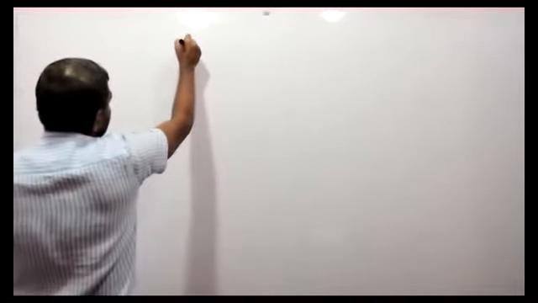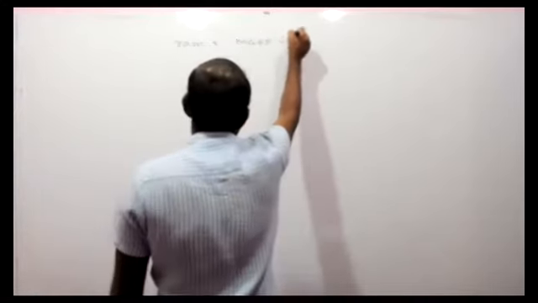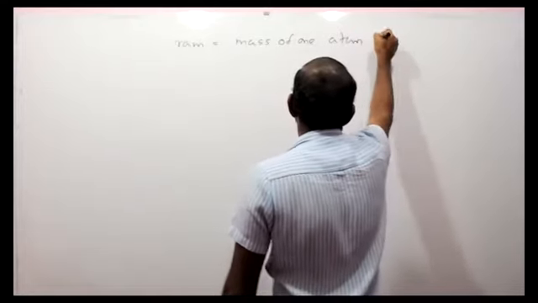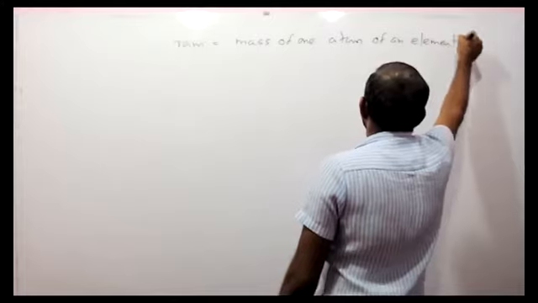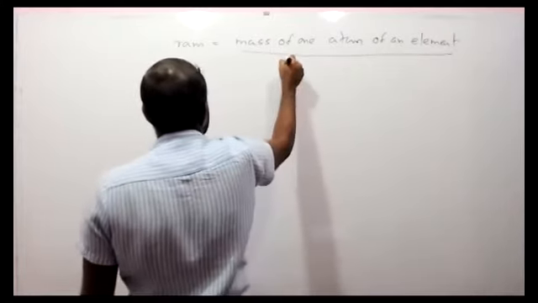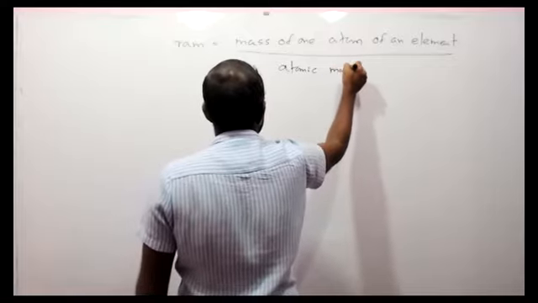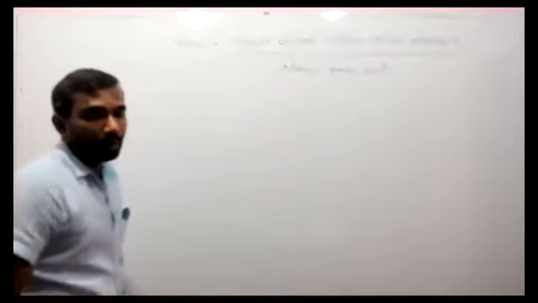Now look at the board. So relative atomic mass, we know that it will be equal to the mass of one atom of an element divided by the atomic mass unit. Divided by what, children? Atomic mass unit. If you need that, you can show it by u or amu, no problem.